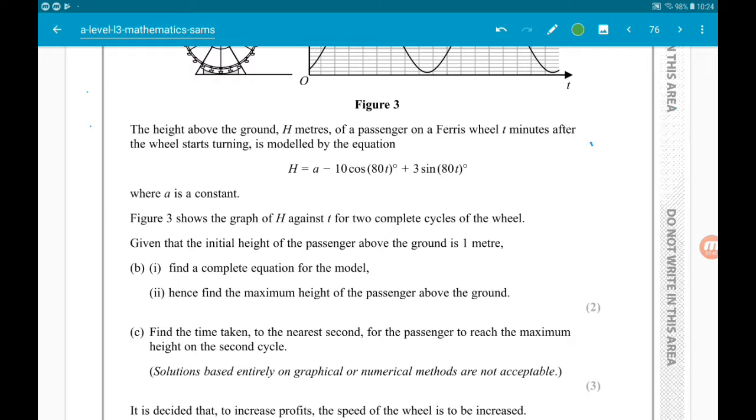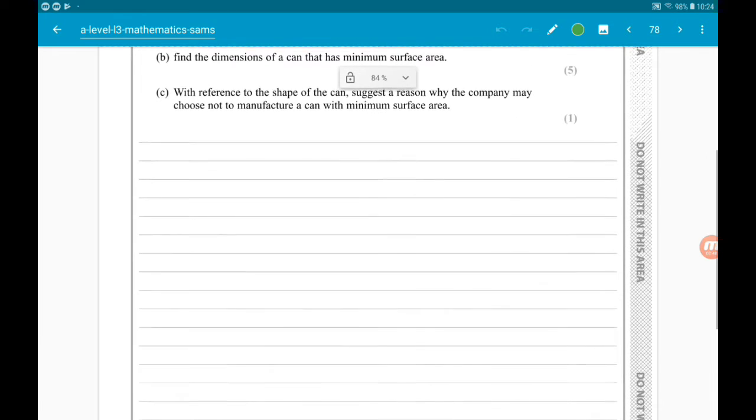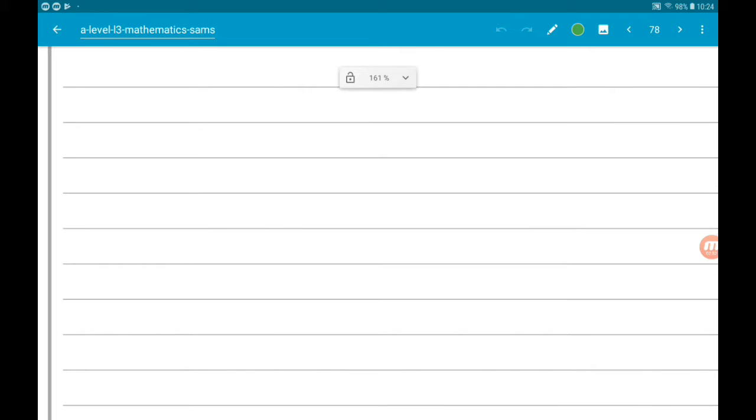So, okay, what do I do here? Okay, so the passenger is going to be getting on at the bottom of the wheel. To then get to the maximum height, the wheel has to turn 180 degrees. Now that's getting the passenger to the maximum height on the first cycle. To get there again on the second cycle, the wheel has to turn another 360 degrees.